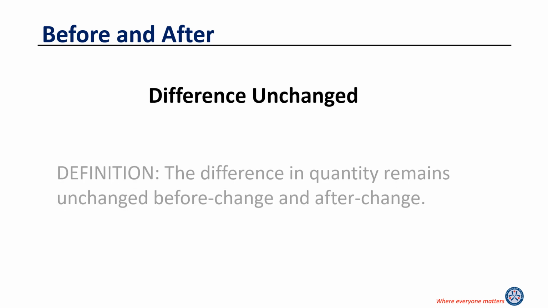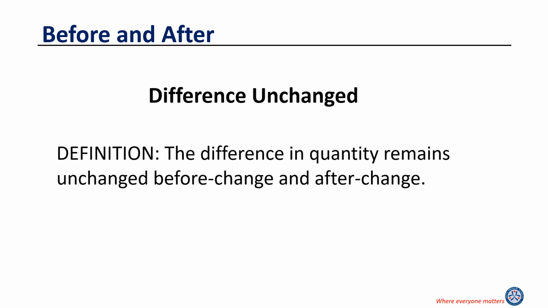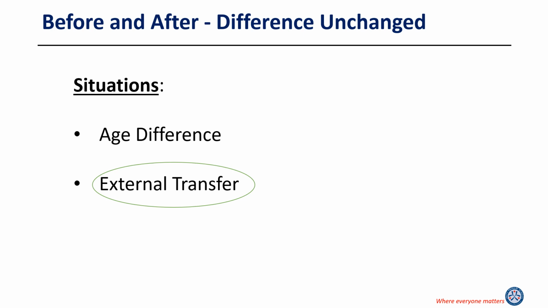The definition of this is that the difference in quantity remains unchanged before change and after change. For this type of questions, it can exist in 2 types of situations.